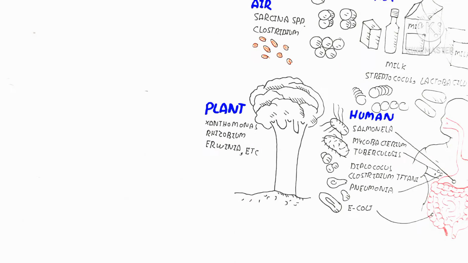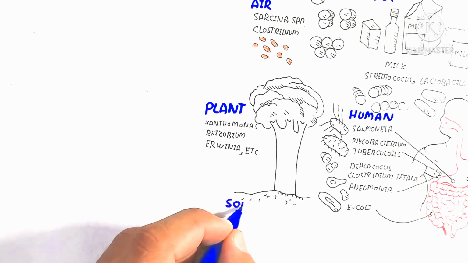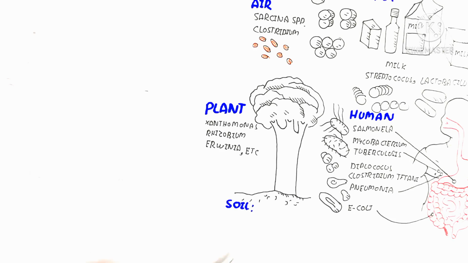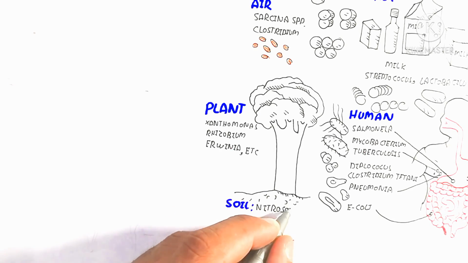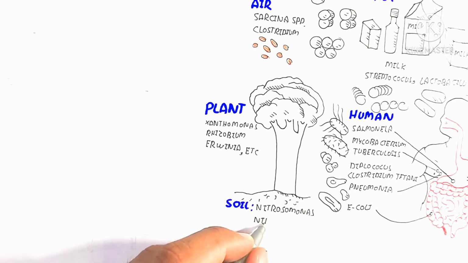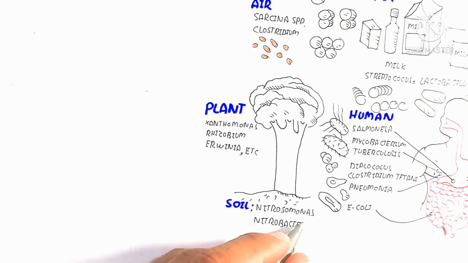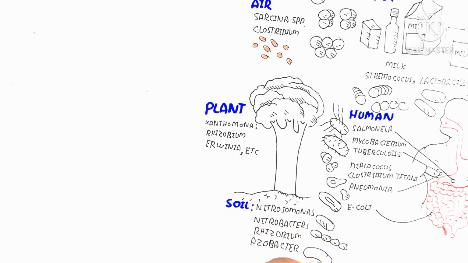But here we will not discuss plant infection, but the soil, which contains different types of bacteria used for nitrogen fixation and ammonification. The nitrogen cycle we will discuss in the next video.